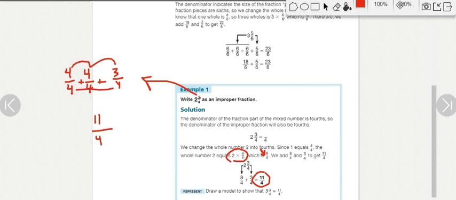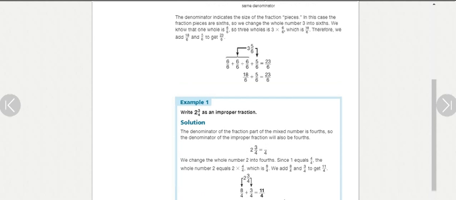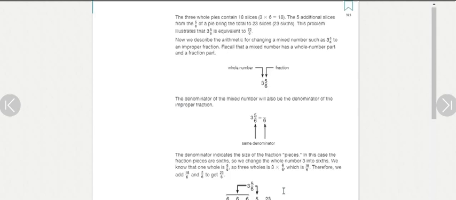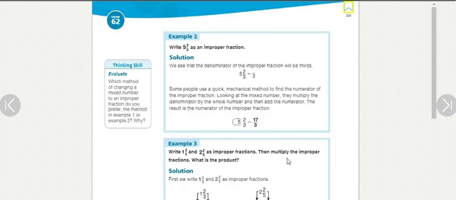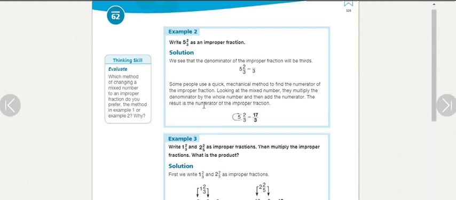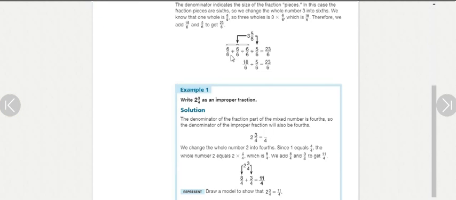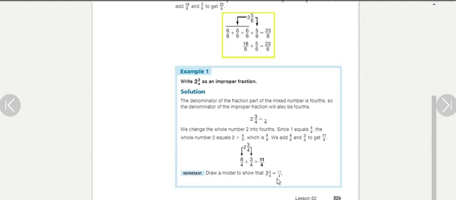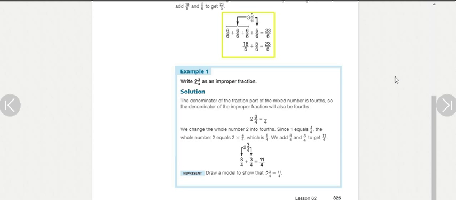You can draw a model to show that. Let's see what they used for models. I guess their model is this, what we just showed. This is, I think, showing a model right here. So everything we've been showing for work, if they ask to do that. Or maybe even better would be to draw circles. Yeah, let's do that.